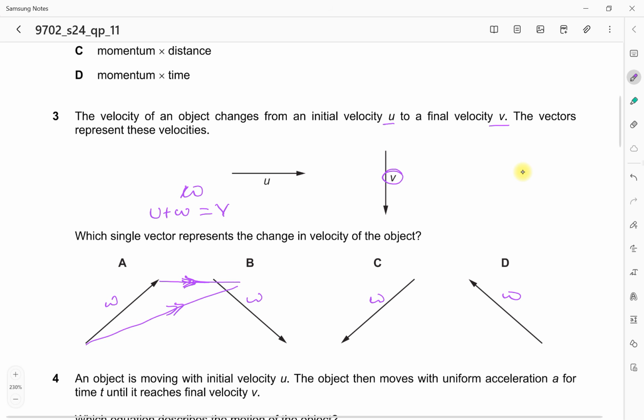The final velocity will be in that direction. So it means A is out. Then on B, if on W I add U, remember U is in the horizontal. If on W I add U, then it means the resultant is going to be in this direction, yet the final should be vertical down. So it means B is also out.